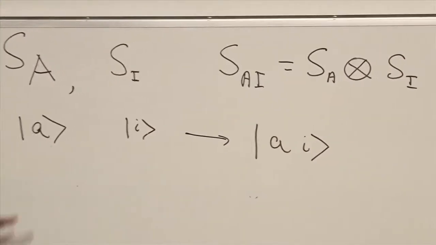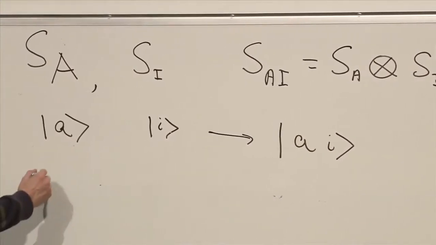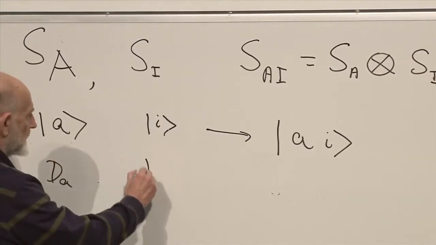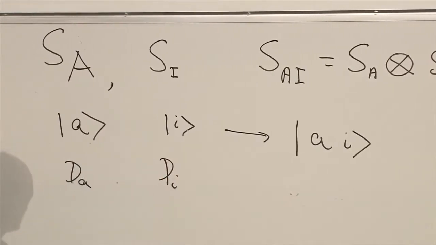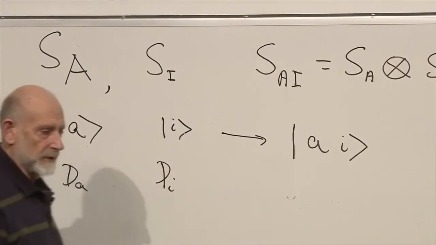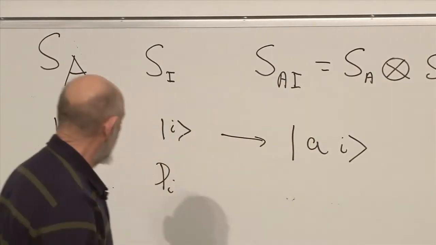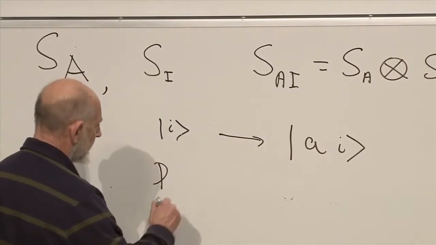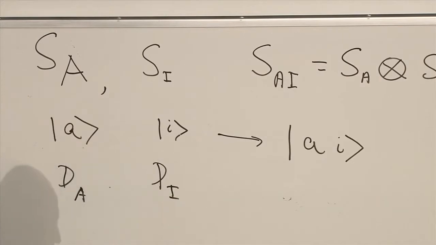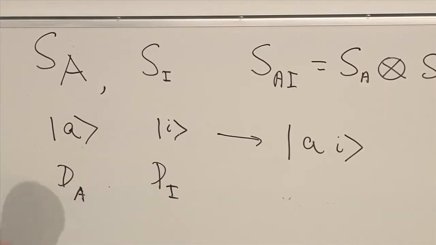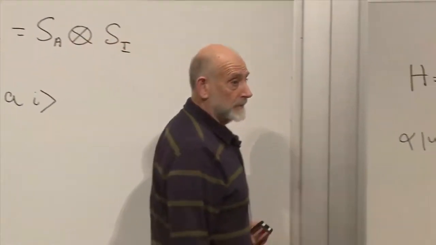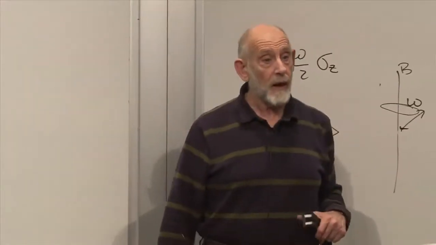Let's suppose the dimensionality of this space is D sub A, and the dimensionality of this space is D sub I. In other words, the number of orthogonal states of each one of these separately. Then what's the dimensionality of the tensor product? dA times dI.